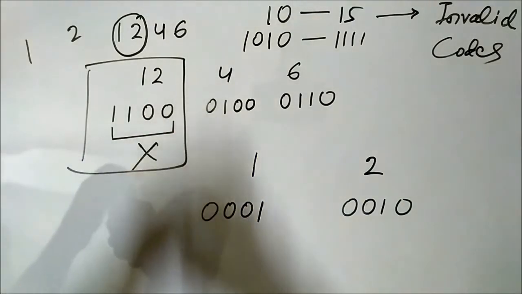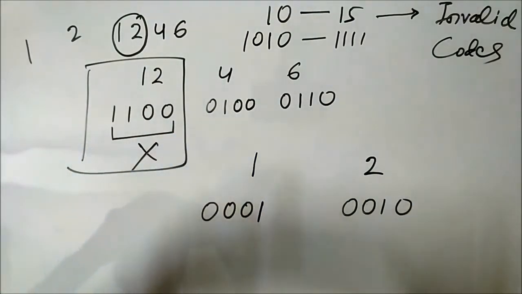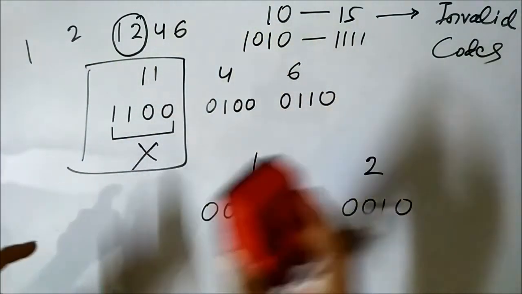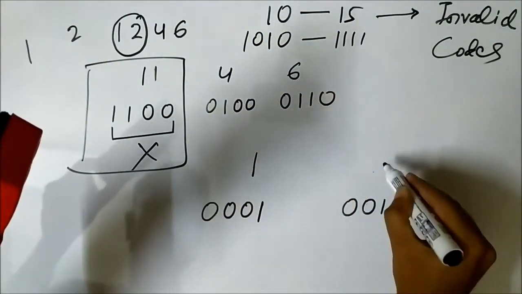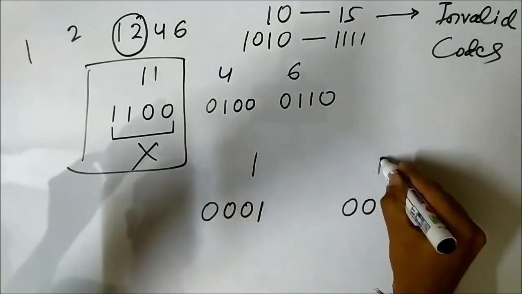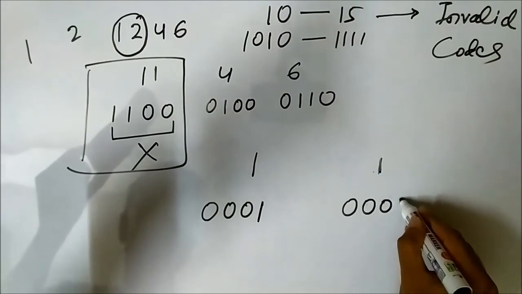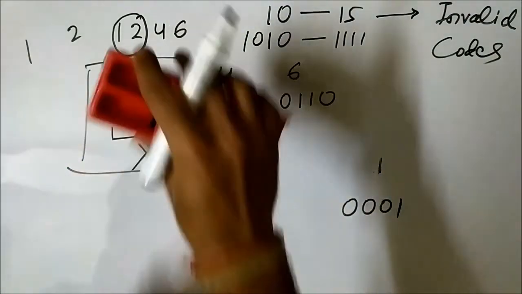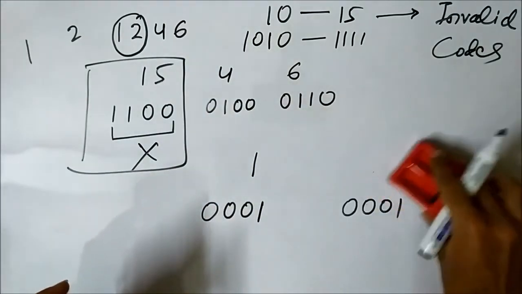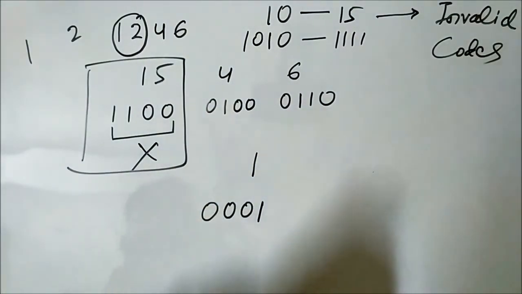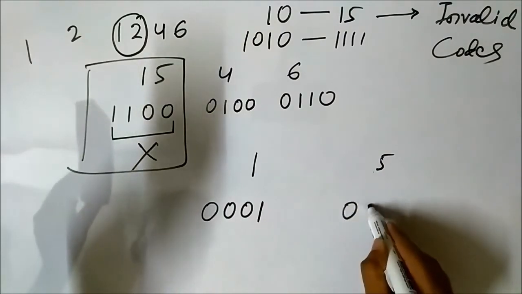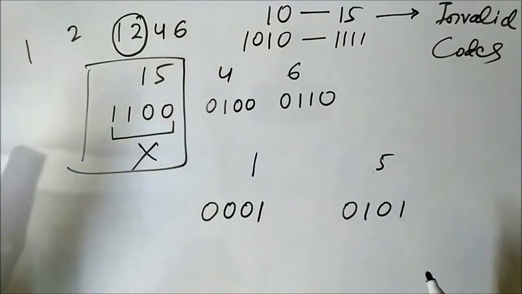If instead of 12 there is 11, then you have to write it separately as 1 and 1, each as 0 0 0 1. If it is 5, then you write 5 separately, and that will be 0 1 0 1.